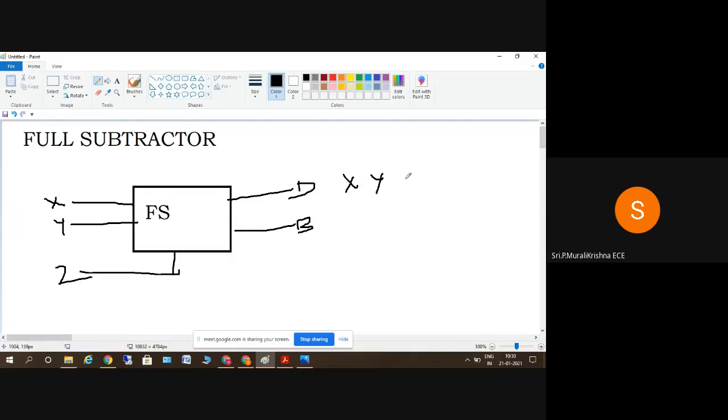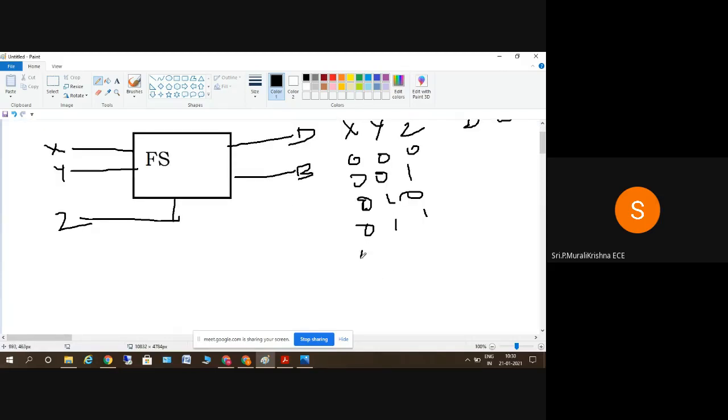The truth table will be like this: x, y, z, difference and borrow. 0, 0, 0 gives 0, 0. Then 0, 0, 1 gives 1, 1. Then 0, 1, 0 gives 1, 1. Then 1, 0, 0 gives 1, 0.